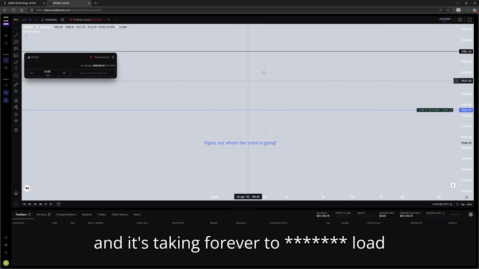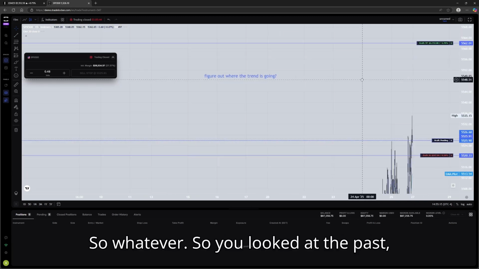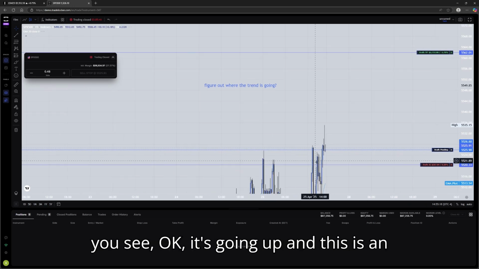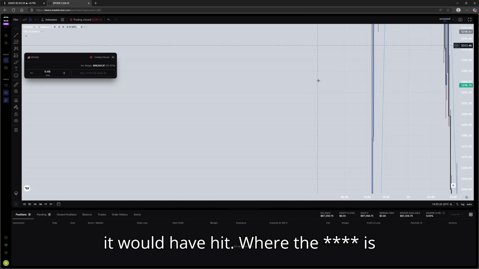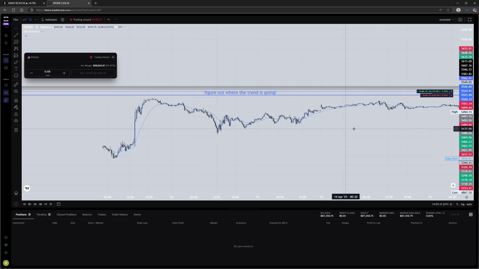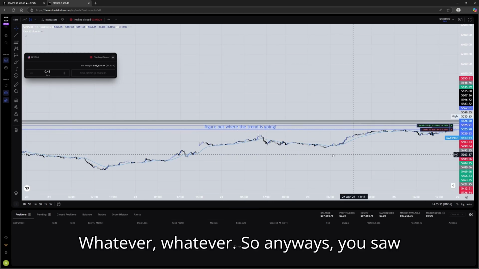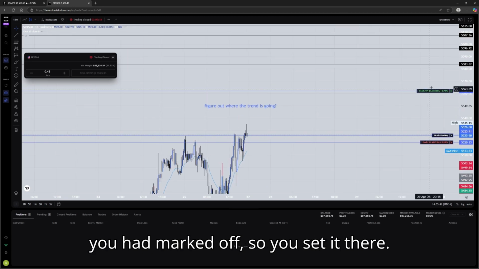It's taking forever to load, so whatever. You look at the past, you see, okay, it's going up, and this is an area where in the past it would have hit. Okay, see how it's not loading? Whatever. So, anyways, you saw that that was one of your key levels that you had marked off. So you set it there.